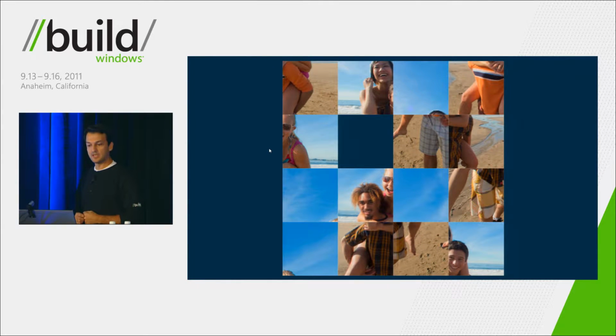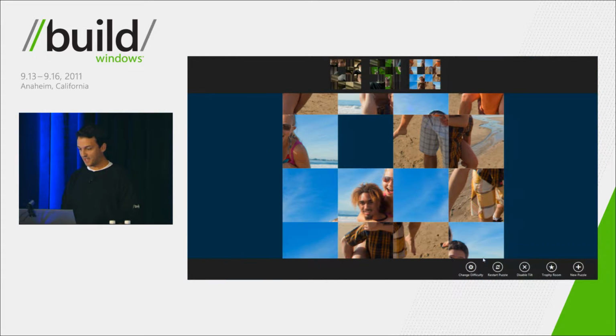So this is Tile Puzzle. It's one of my favorite apps. In a way, what you're trying to do is get back to the original image, right? The implementer of this app provided you the option to create a new puzzle, and you can pick an image and create a puzzle that way.